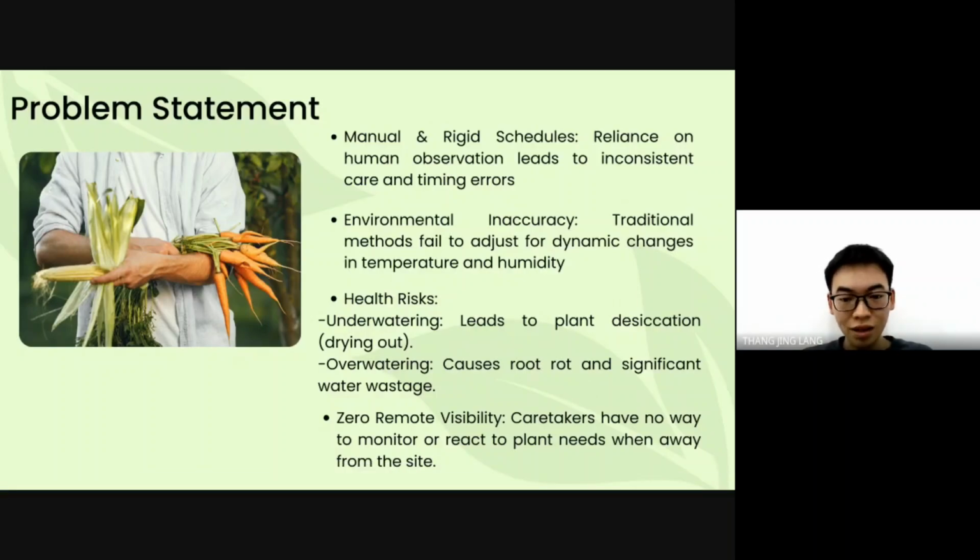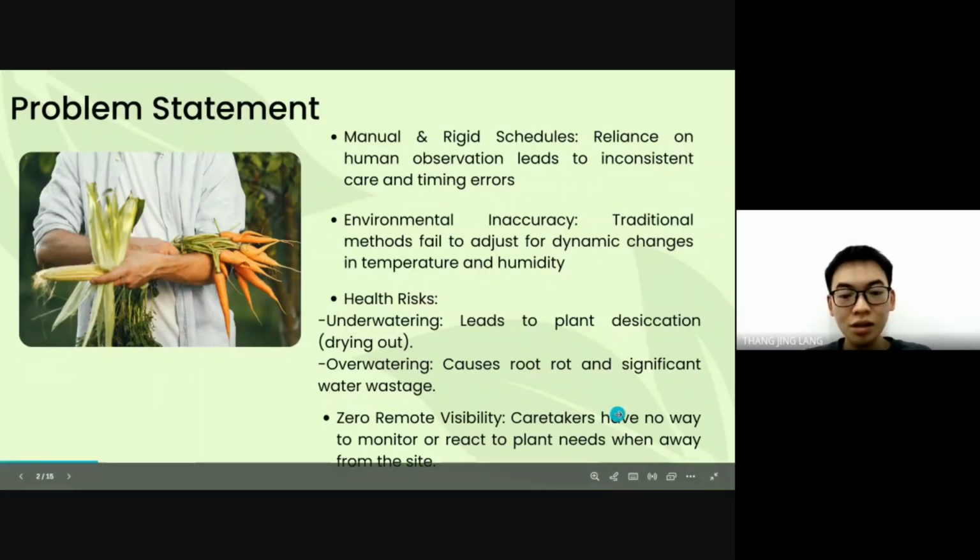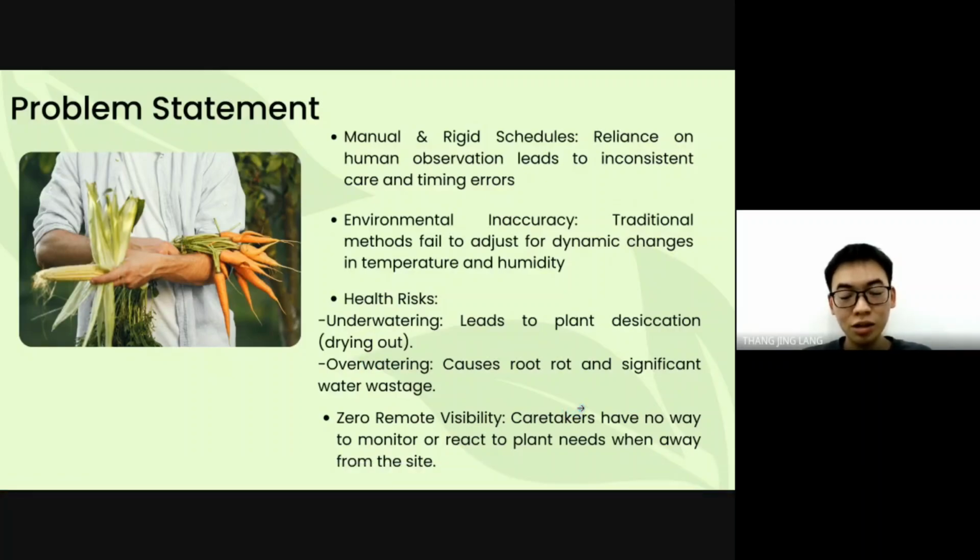Health risks: underwatering leads to plant desiccation, that is, drying out. Overwatering will cause root rot and significant water wastage. And the last, zero remote visibility: caretakers have no way to monitor or react to plant needs when away from the site.